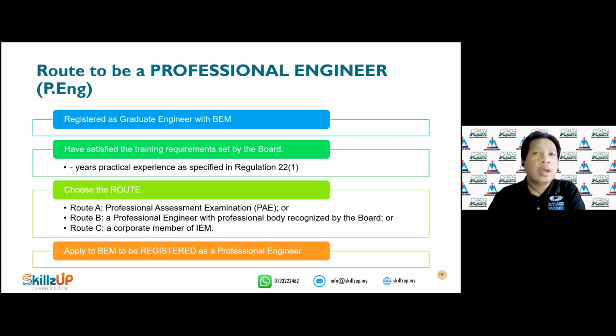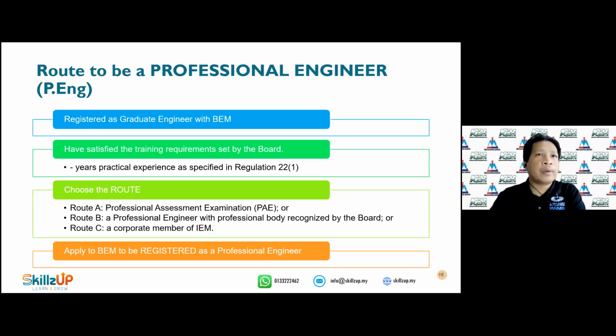Right? So we foresee many of them maybe were not given proper guidance by their school, or they don't have any awareness that in order to take any job or to perform engineering work they need to be registered as a graduate engineer with the Board of Engineers. Right. So this is very critical.